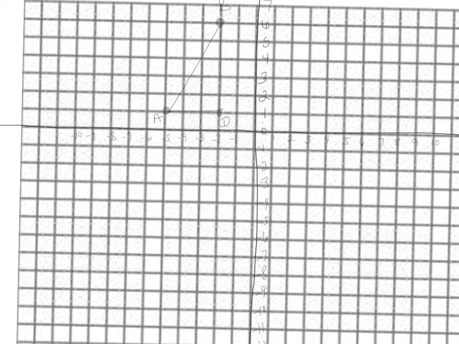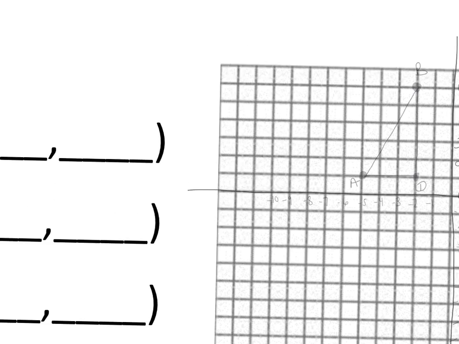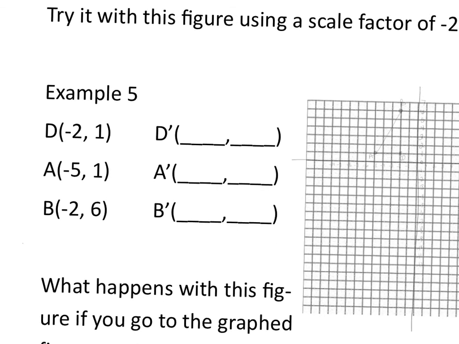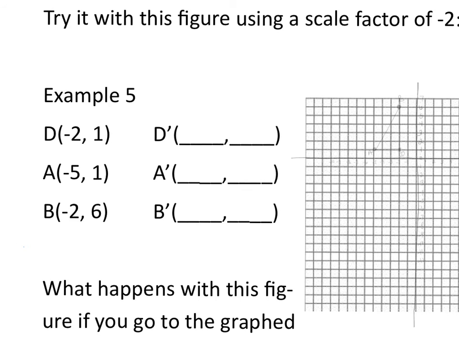So moving forward, we now look at our coordinates for DAB, and we're asked to use a scale factor of -2, meaning we're going to multiply every coordinate by -2. -2 times -2 is +4. The signs are the same, so your answer is positive, and 2 times 2 is 4. 1 times -2 is -2.